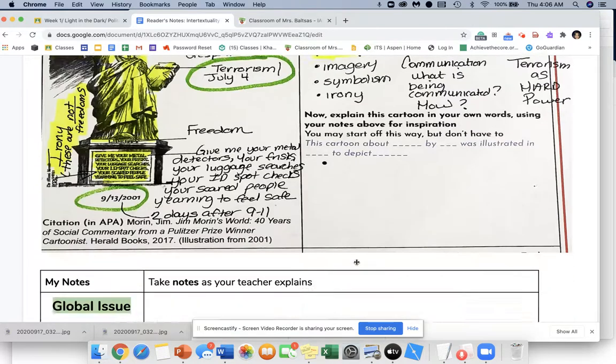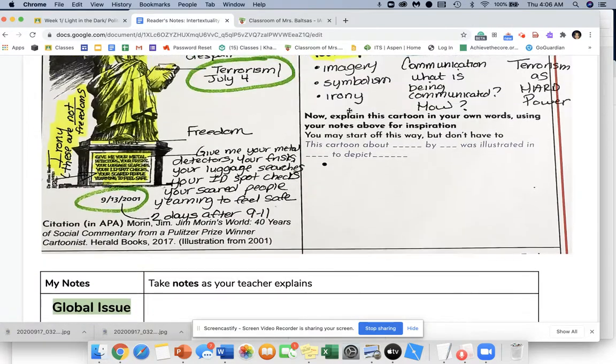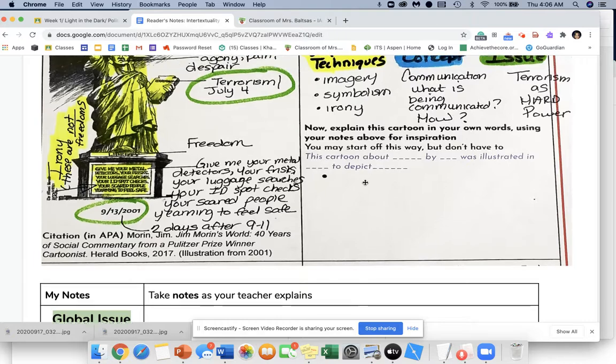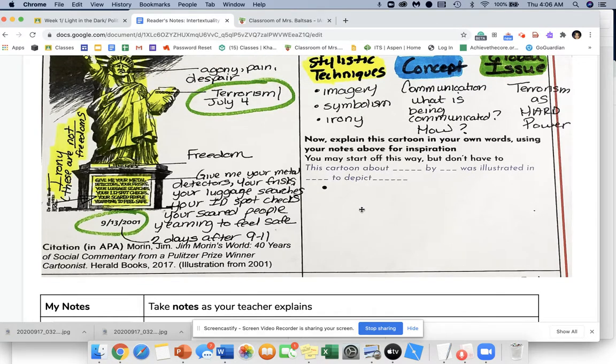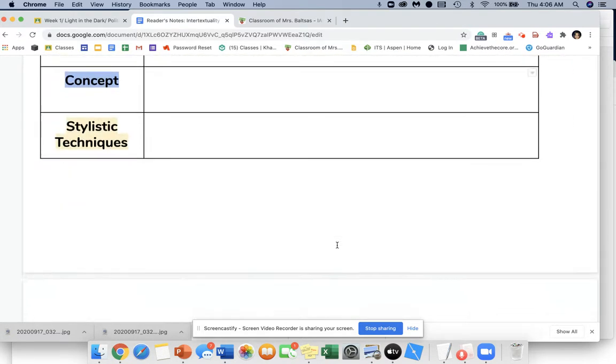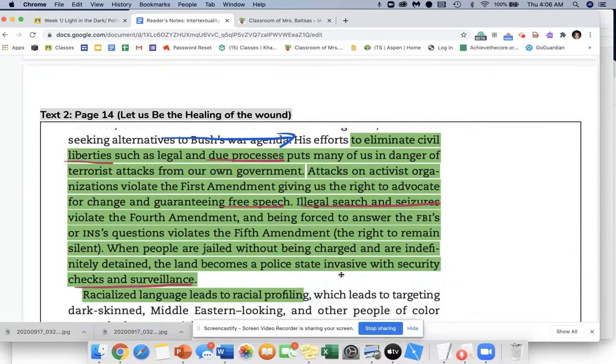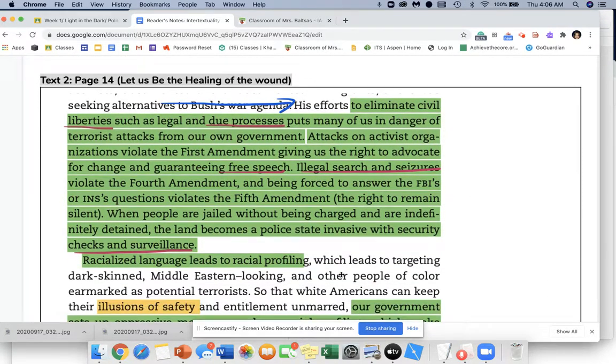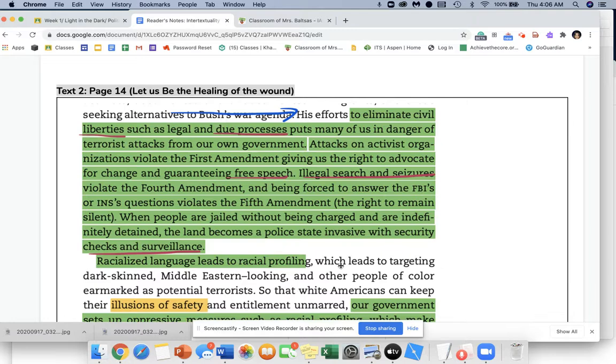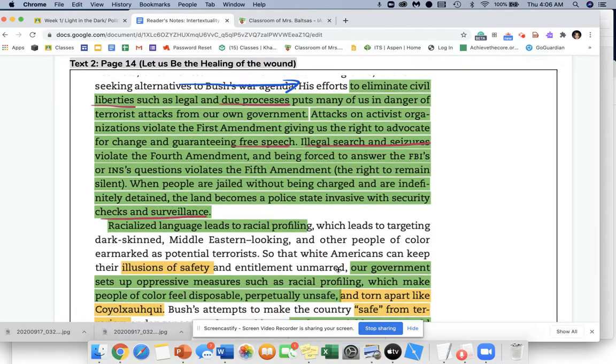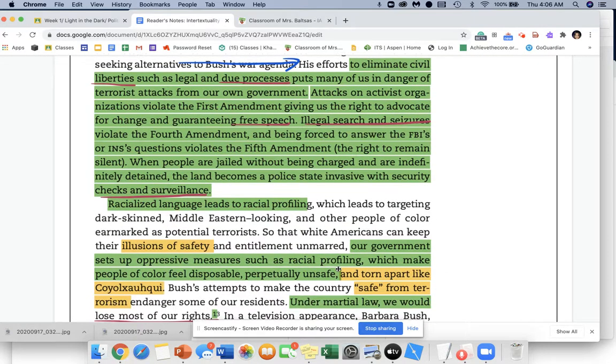So after you've taken your notes, obviously, you'll be able to explain this in what I'm asking you to do here. I'm going to go on to the second text and show you the intertextuality between the two texts right now. Okay, again, I've highlighted and I've underlined. And if you look, there's a lot of green here. There are several, many global issues presented in this particular extract.